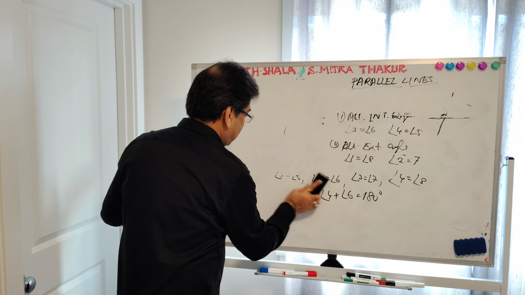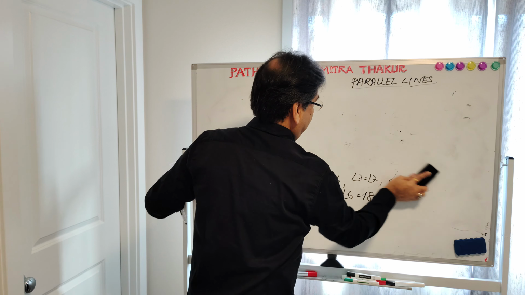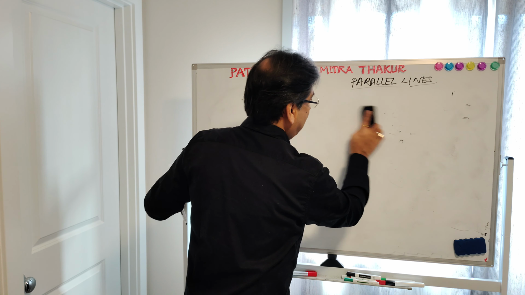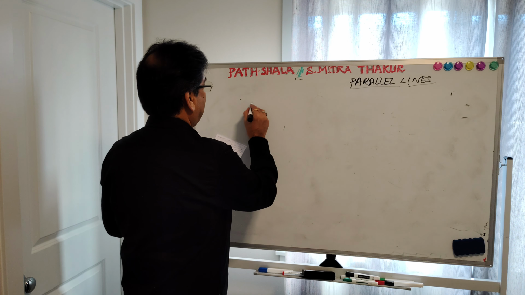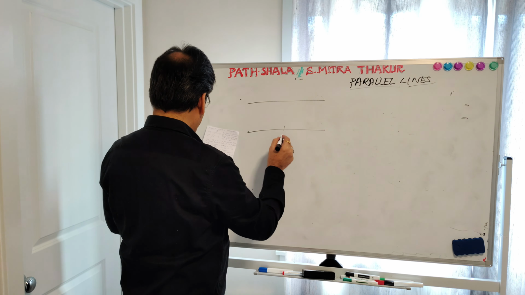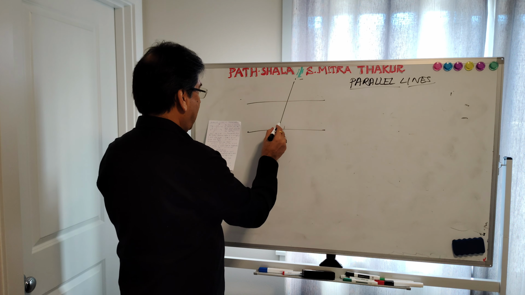Suppose in this question only a single angle is given, and you have to find all the angles here. Two parallel lines here, and this is the transversal line, and this is 110 degrees.